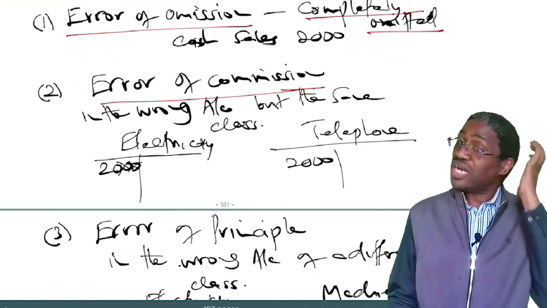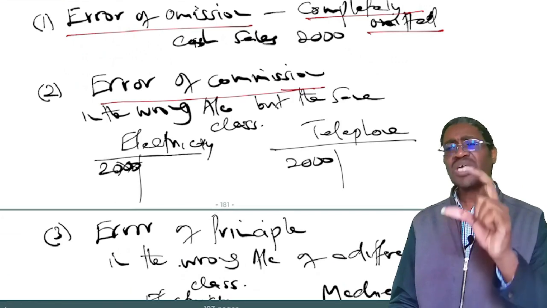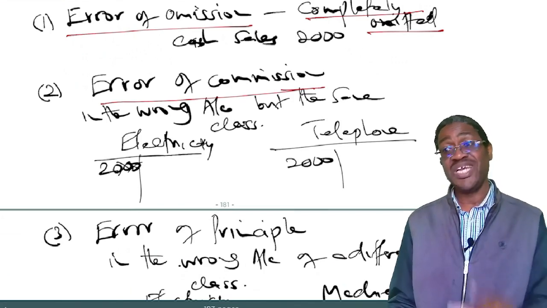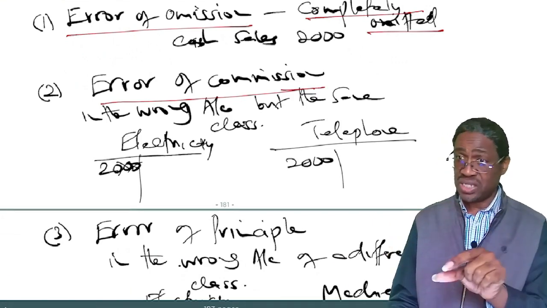Where a transaction is recorded in the wrong account of the same class.